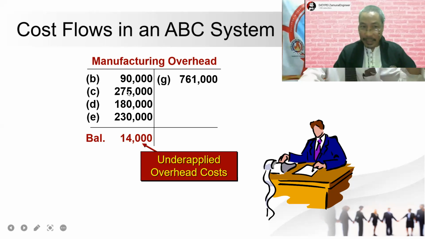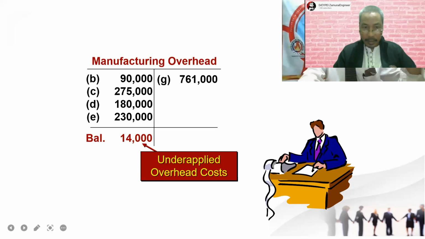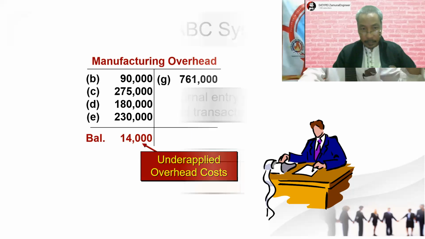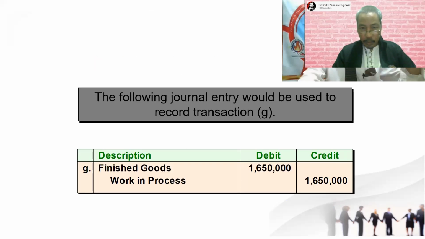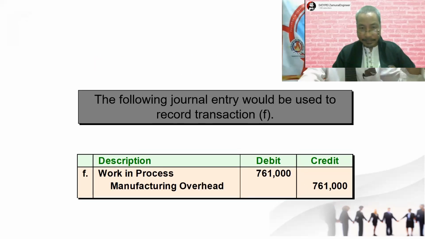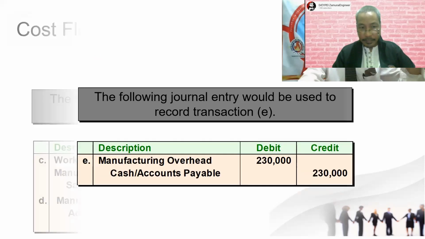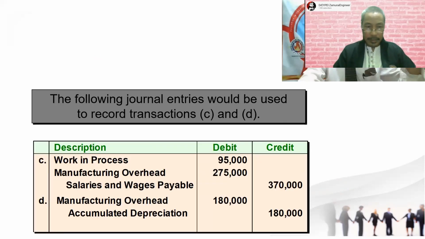Letter C is on the right side, debit 275. It is called manufacturing overhead. Okay, I will show you. Let us go back to letter C. There. Letter C. Manufacturing overhead, the second line, manufacturing overhead, 275.